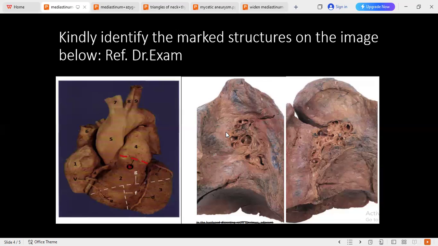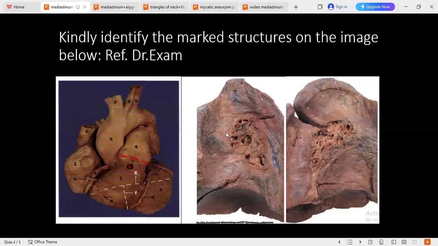Okay, please tell me the lymphatic drainage of the lungs. Lymphatic drainage of the lungs. Okay, we'll come back to that later. Please tell me how many pulmonary veins drain each lung? 4 pulmonary veins.